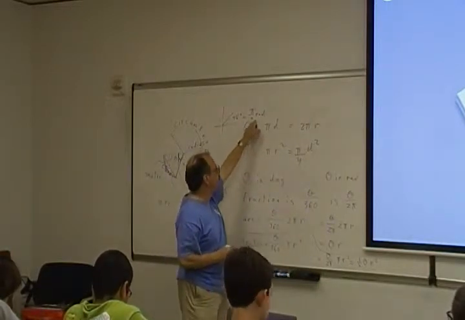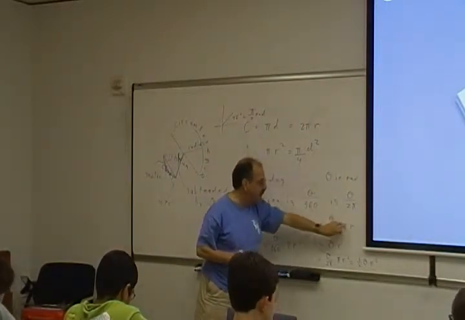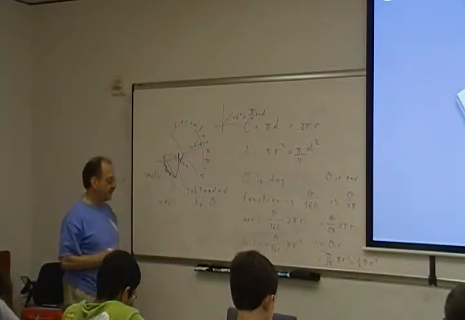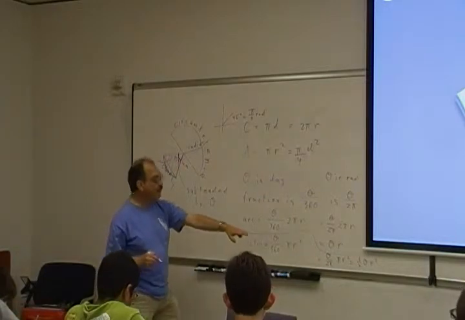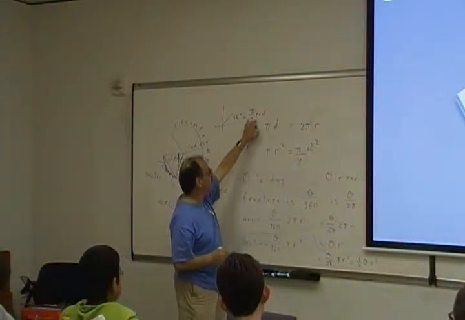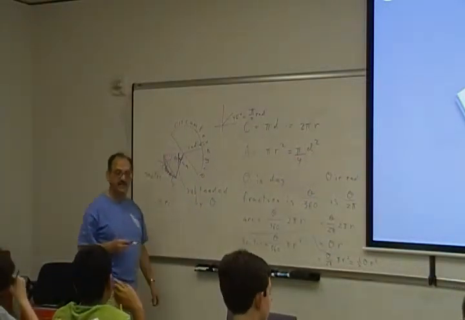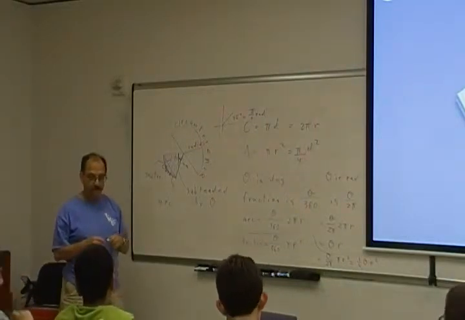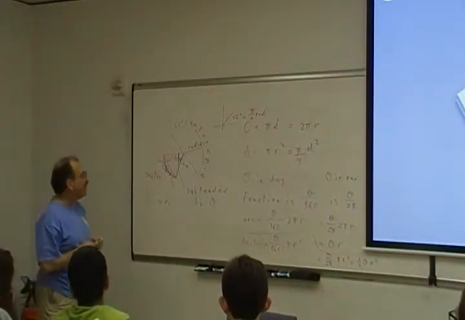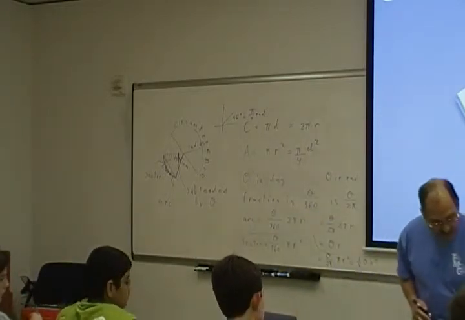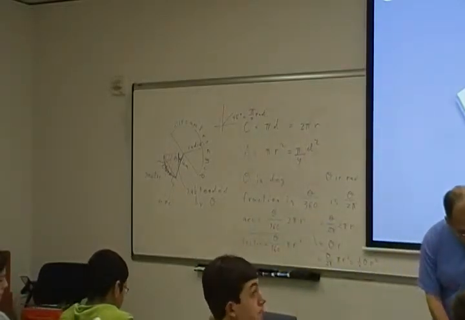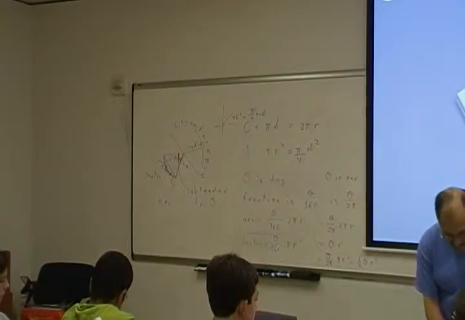If you use pi over 4 radians, you have to use this formula for the length of the arc. And this formula is so much easier, it's much nicer to use radians to describe it. That's why we use radians. And most of the time in math, we end up using radians instead of degrees.